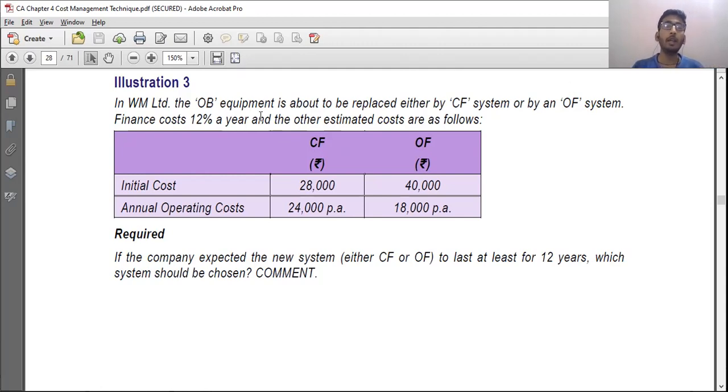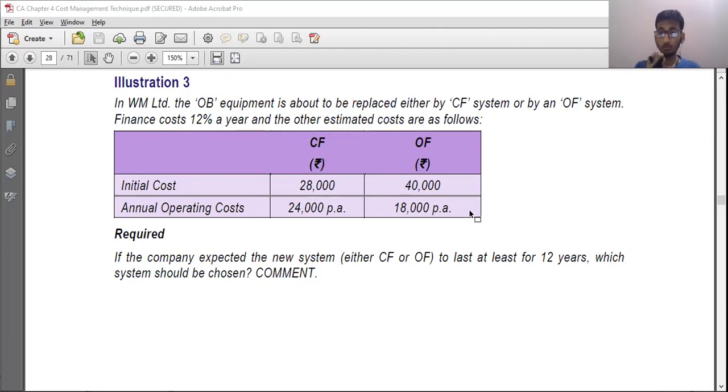In WM Limited, the OB equipment is about to be replaced either by CF system or by OS system. The finance cost is 12% a year and other estimated costs are as follows.